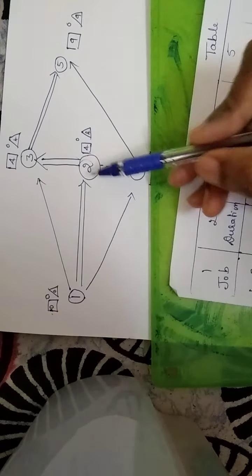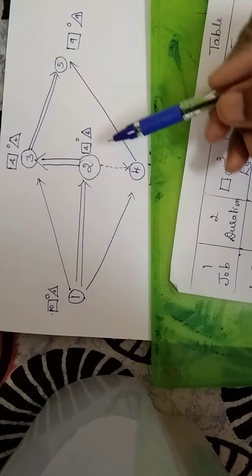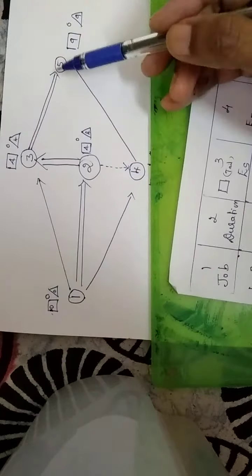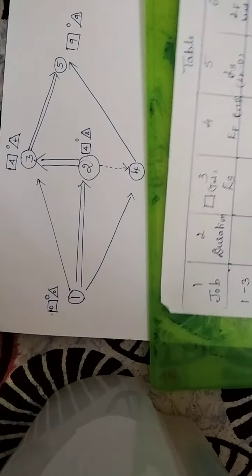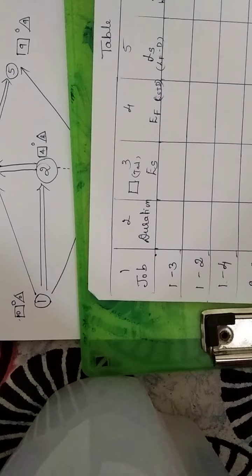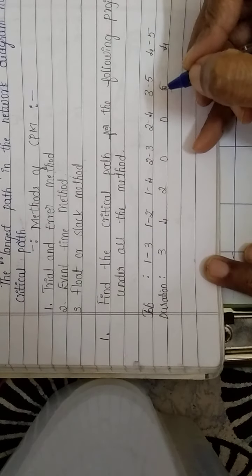So we are listing down the jobs which are there: 1 to 3, 1 to 2, 1 to 4, then 2 to 3, 2 to 4, 3 to 5 and 4 to 5. Then we have to write the duration for the completion of each job. That is very much given to you in the problem itself, so we are making note of the same.